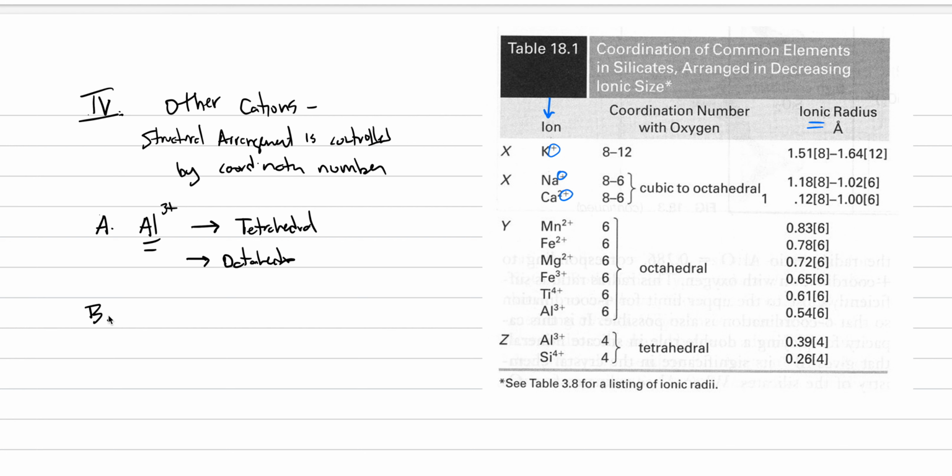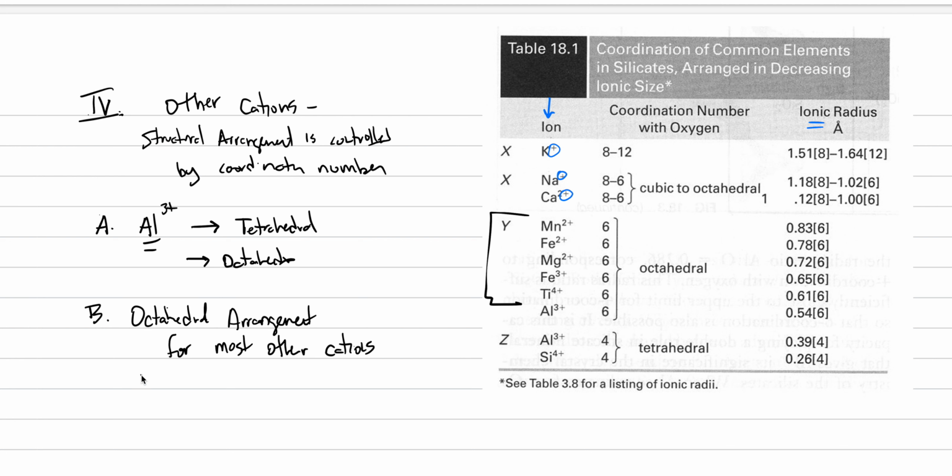And all the other cations, essentially, well, not potassium, not sodium and calcium, but look at all these right here. All of these cations end up having octahedral arrangement. And so we're going to say here octahedral arrangement or coordination for most other cations.